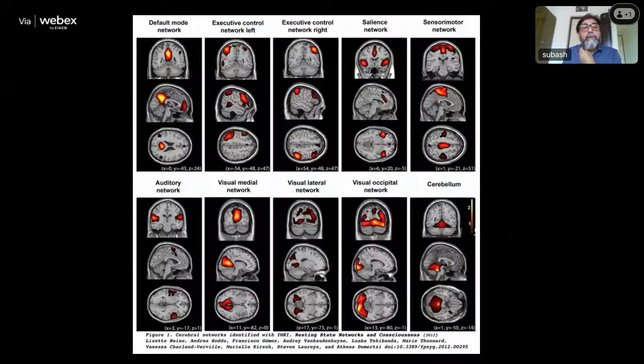This is another publication where you have default mode network, executive control network, executive network right and left hemisphere, then salience network, sensorimotor network, auditory network, visual medial network, visual lateral network, visual occipital network, and cerebellum.